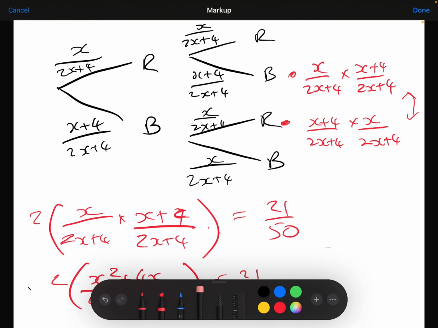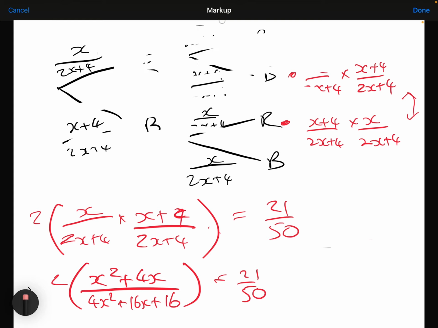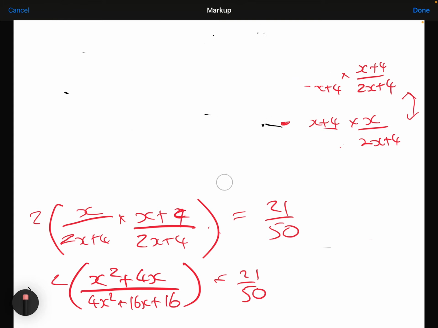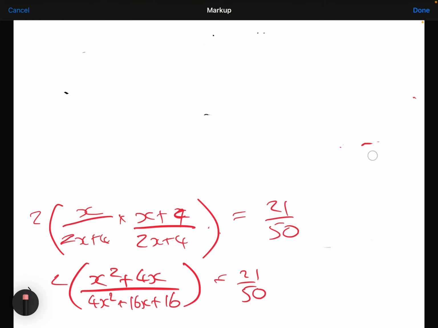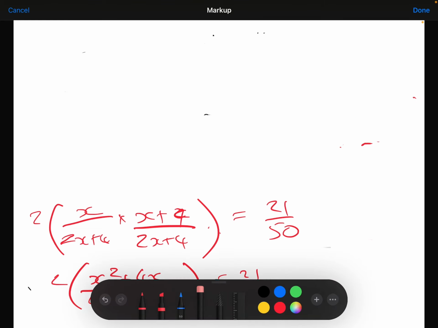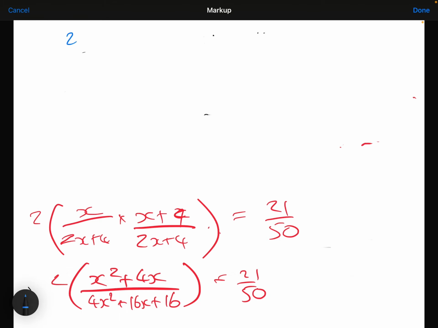Let me just give myself a bit more space at the top up here. So I've got 2x squared plus 8x all over the 4x squared plus 16x plus 16 equals 21 over 50.